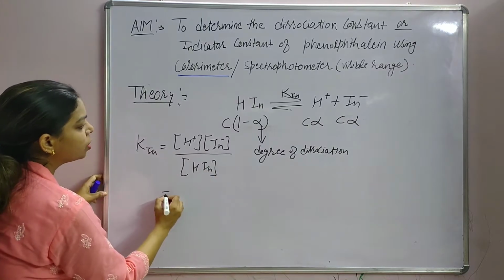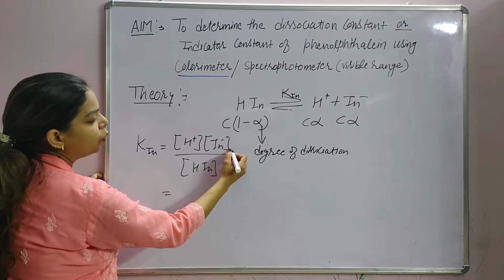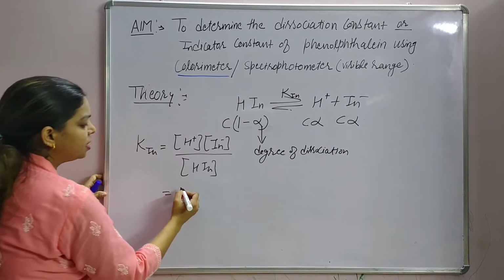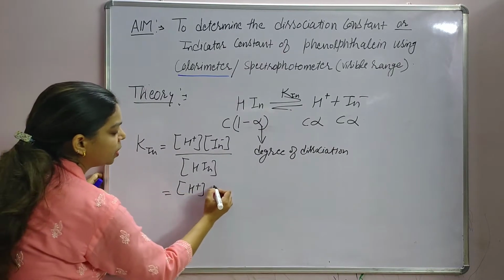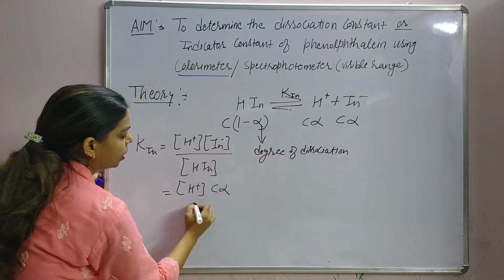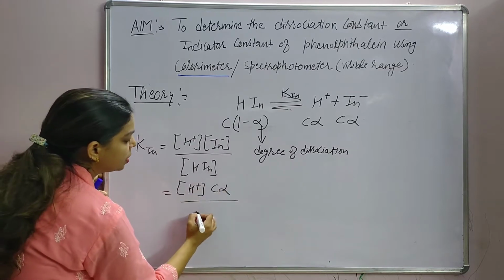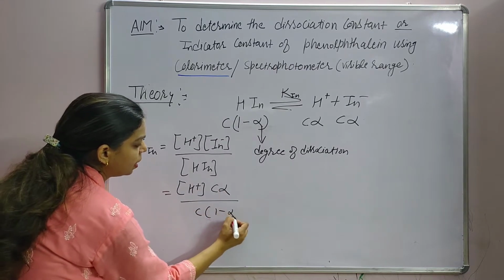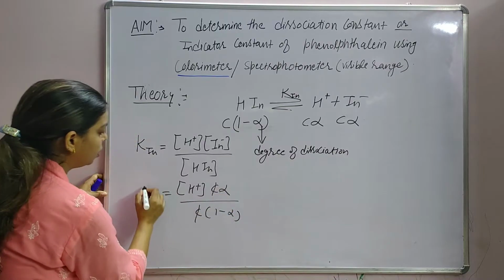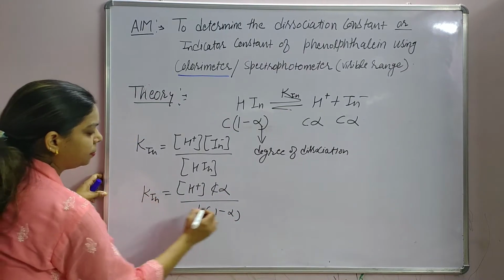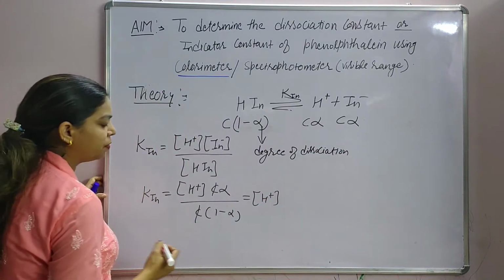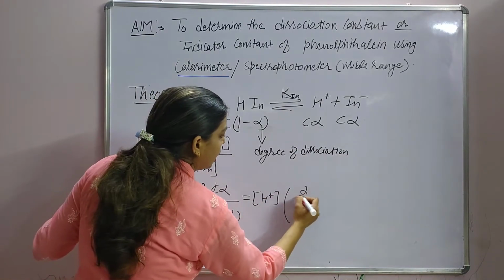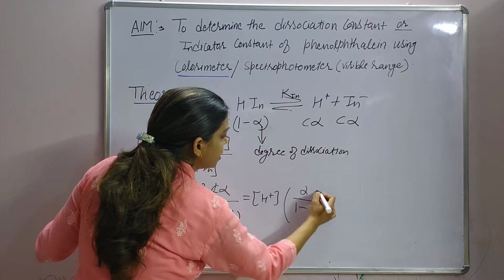So here I substitute the value of In minus ions, which is C alpha, and keep H positive as it is. This will be C alpha divided by the concentration of the undissociated form, which is C times 1 minus alpha. C cancels out. This K_In will be equal to the concentration of H positive ions times alpha divided by 1 minus alpha.